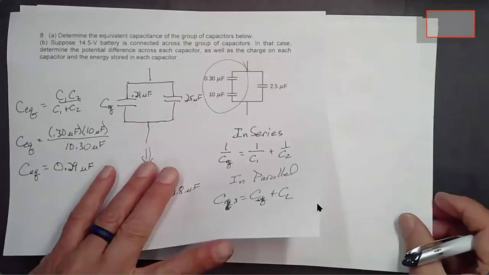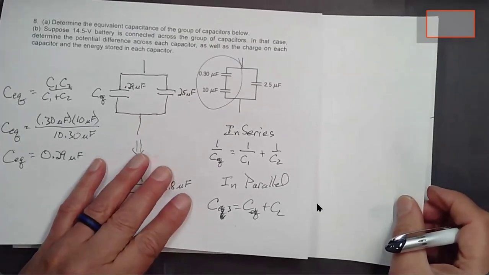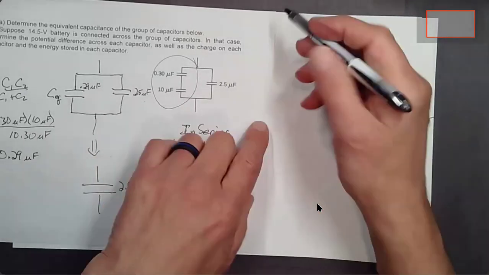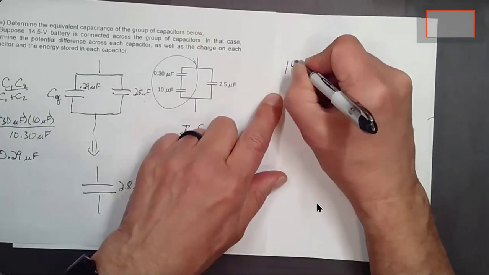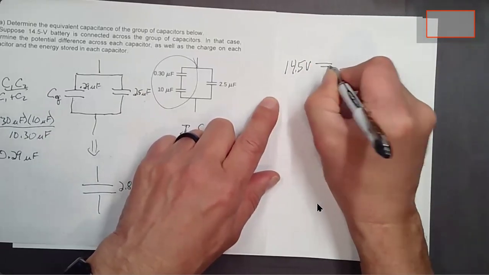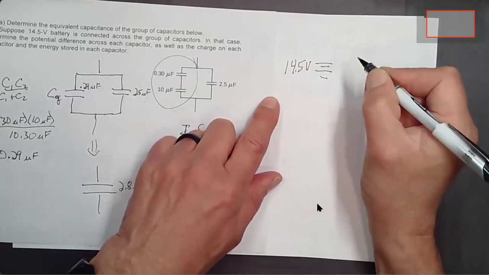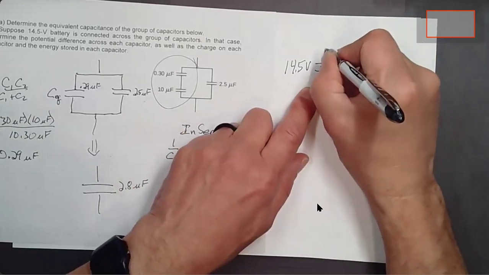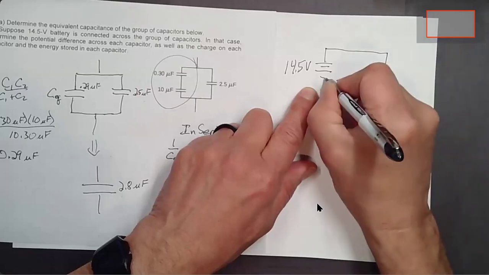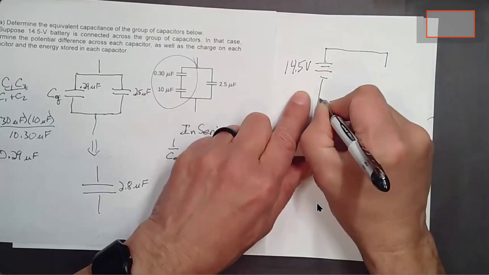So kind of imagine what we're doing here now. I don't know that you can buy a 14.5 volt battery, but you could do it with a power supply.